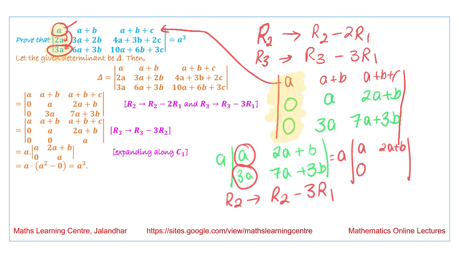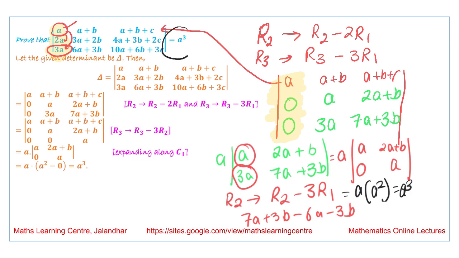In the second row, this element will become 0 and the second element will become 7a plus 3b minus 6a minus 3b. So we are left with a. When you open this determinant, the answer is a into a square, that is equal to a cube, and this is what we have to prove.